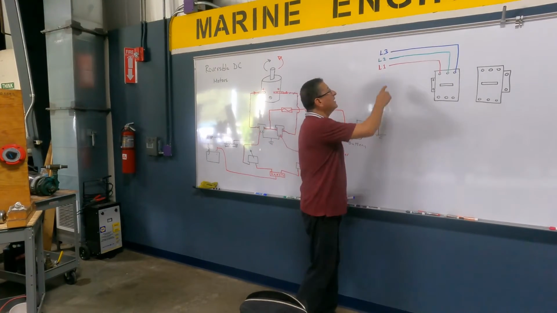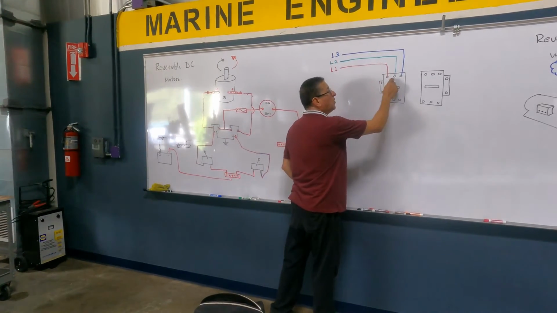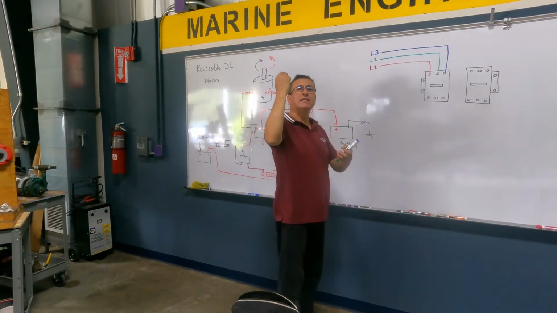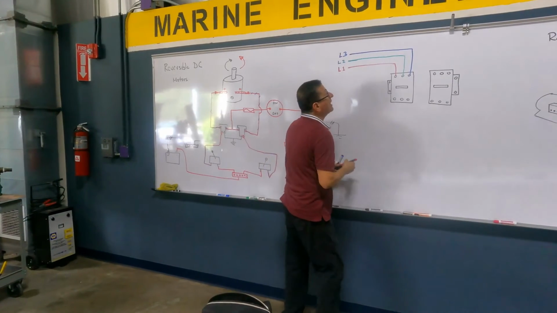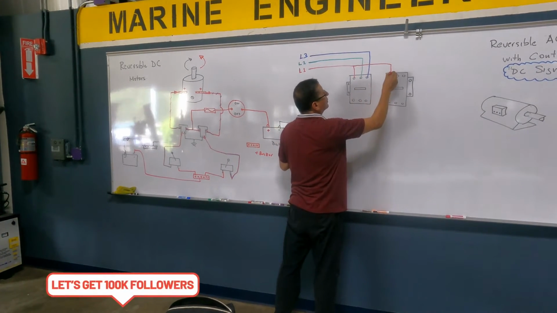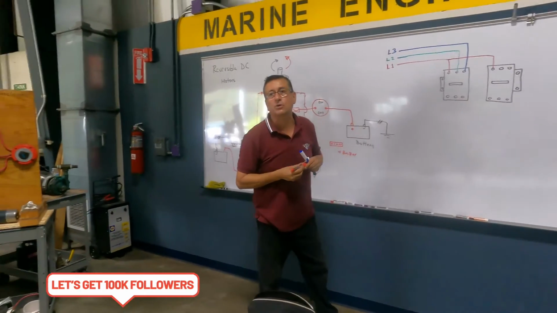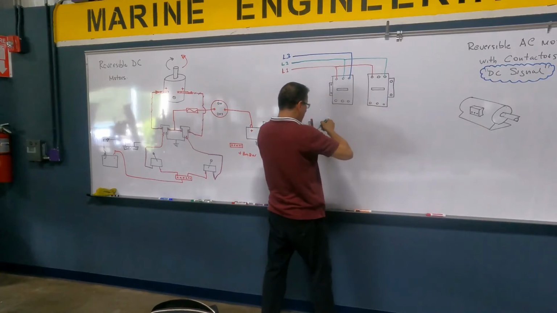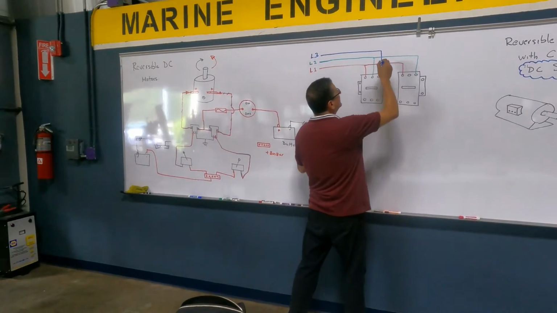I bring phase 1, phase 2, and phase 3 into contactor number 1. Pay attention. The secret is this. Phase 1 continues exactly in the same position for the second contactor. Phases 2 and 3 will switch positions. Look at this.